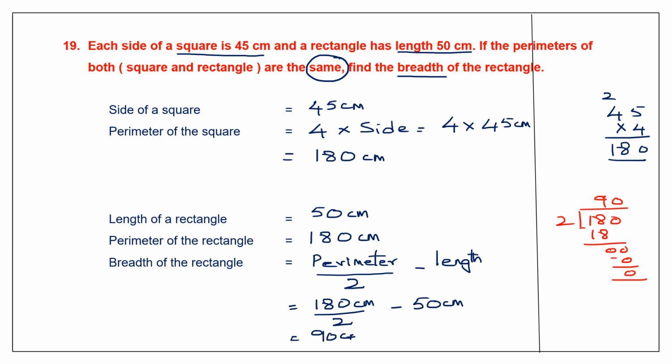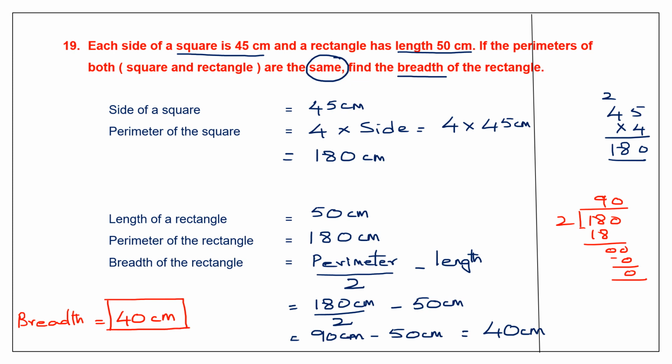So this is 90 centimeters minus 50 centimeters. 90 minus 50 is 40 centimeters. So the breadth of the rectangle we have found to be 40 centimeters. So this is our answer. We've been asked to find the breadth and we have found the breadth to be 40 centimeters.